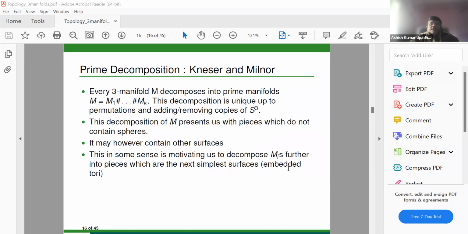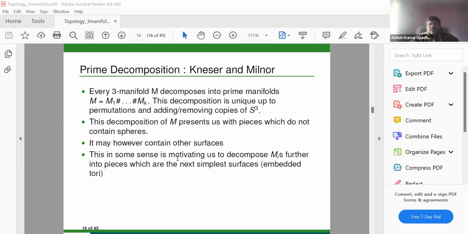Okay. So this decomposition of M presents us with pieces which do not contain spheres. Now we have got rid of spheres in M. We are trying to make the 3-manifold as simple as possible. But it may still contain other surfaces.